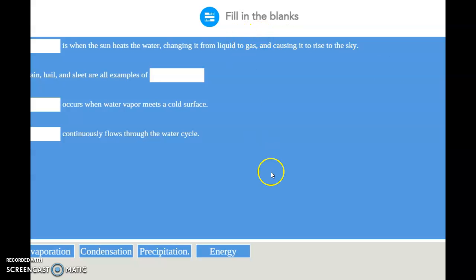Here we have a fill in the blank where there's a word bank that students can use to fill in these sentences that also reiterate what they've learned about the water cycle. And students can just drag the answers.